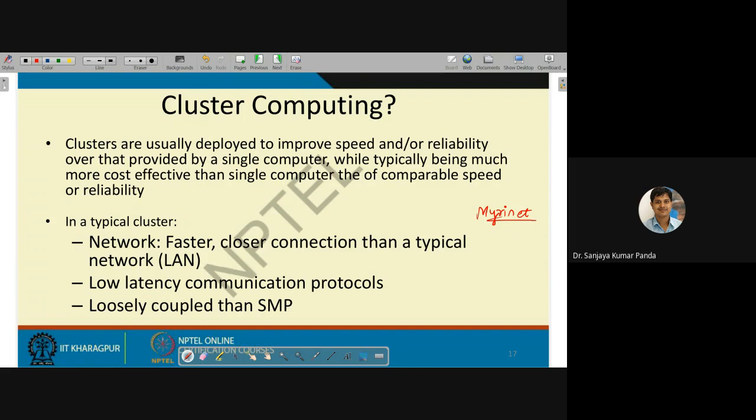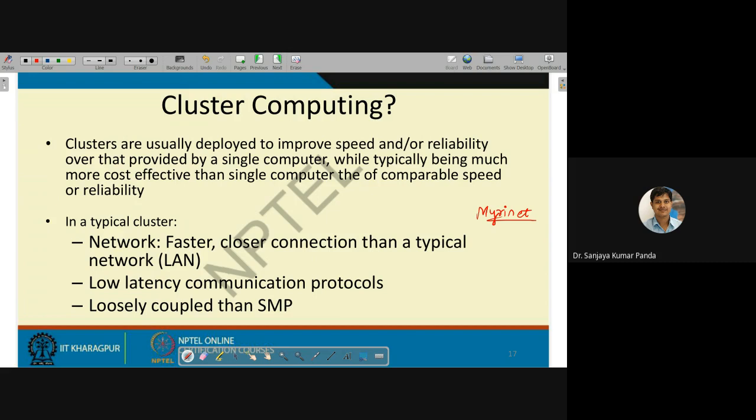Like you can take an example of your class. In your class, you have a class representative. So whenever a faculty member or your institute wants to communicate some message to all individual students, if I call the class representative and inform something related to a particular message, then your class representative can circulate that message to each and every student.